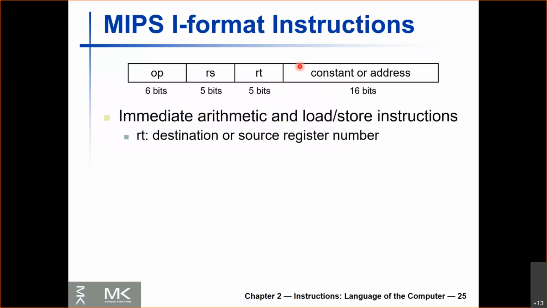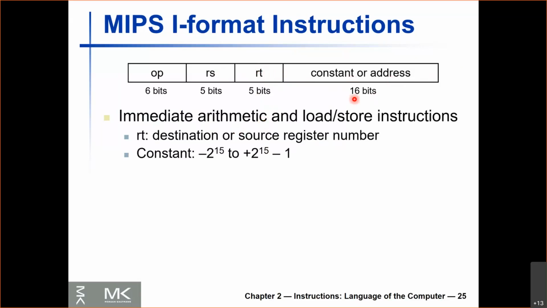Because we no longer have RD over here, we're actually going to use RT as the destination register. So for I format instructions, RS is a source register, and RT may either be a source or a destination register depending on the instruction. The constant over here is 16 bits, and with 16 bits, we can only represent 2 to the power 16 numbers.